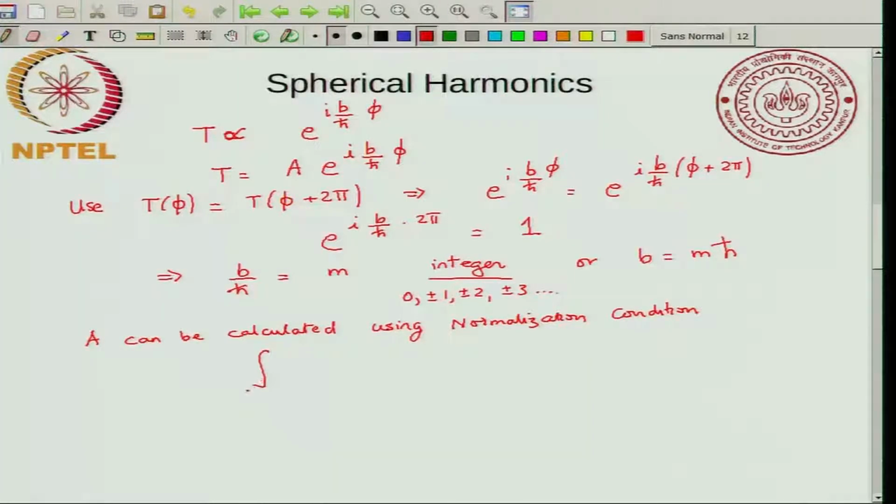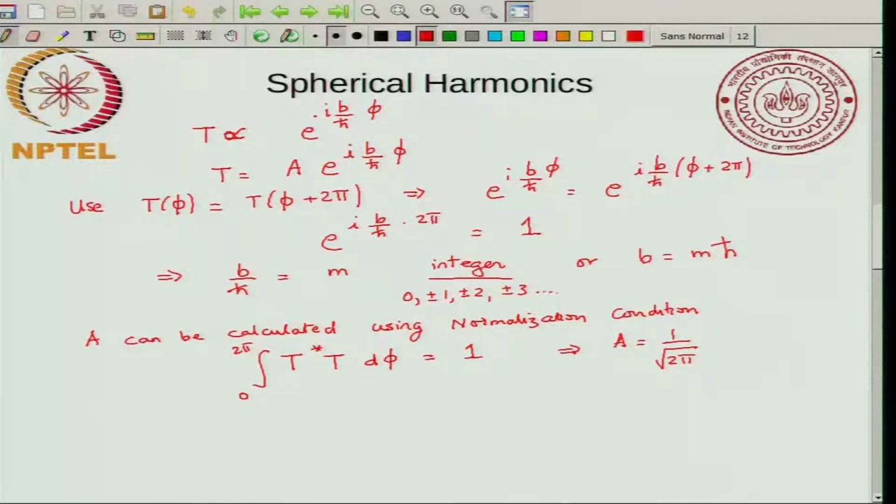The normalization condition is the integral from 0 to 2 pi of T star T d phi equal to 1. You can easily show that A is equal to 1 by square root of 2 pi, because the complex conjugate of T is just this with a minus sign, so it is e to the minus i b by h bar phi.